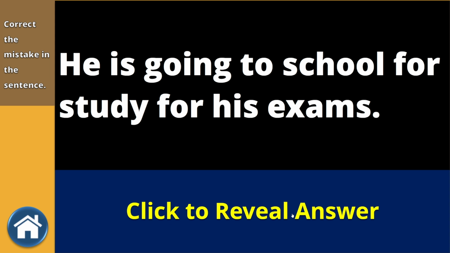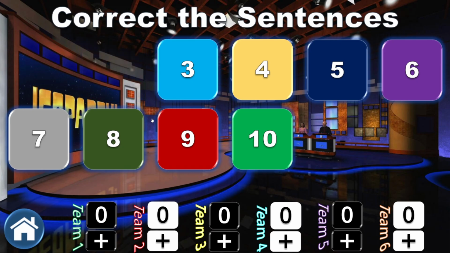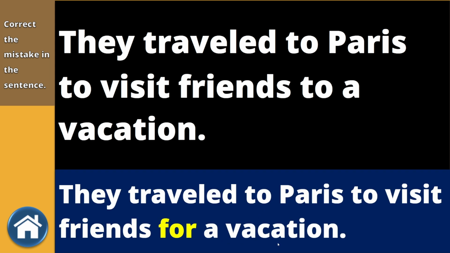Well, that's not right because study is a verb. So he's going to school to study for his exams. Let's try one more of these. They traveled to Paris to visit friends to a vacation. Well, again, a vacation is a noun. So they traveled to Paris to visit friends for a vacation.